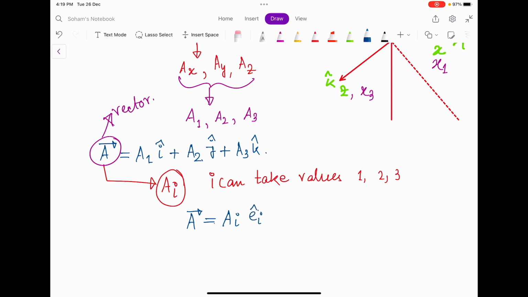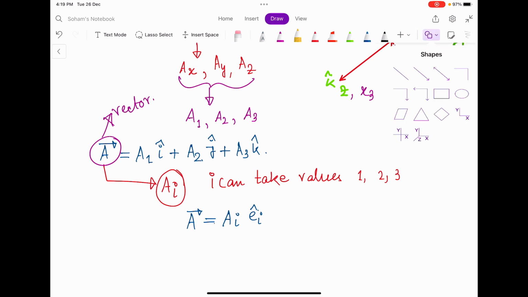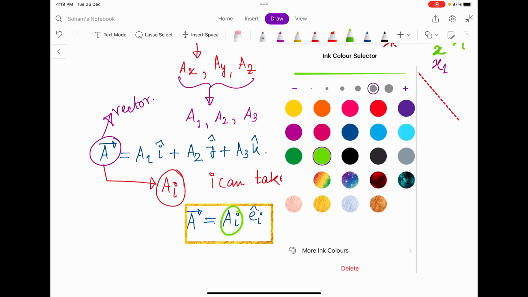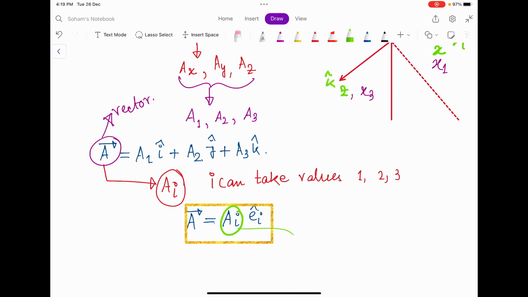Now what is this? This looks confusing, right? But it is not, it's very useful and easy. This is the essence. This is a vector, and this Ai is nothing but a component, the ith component.